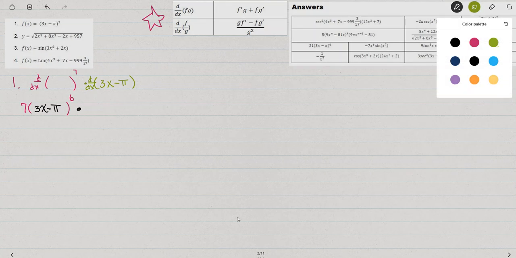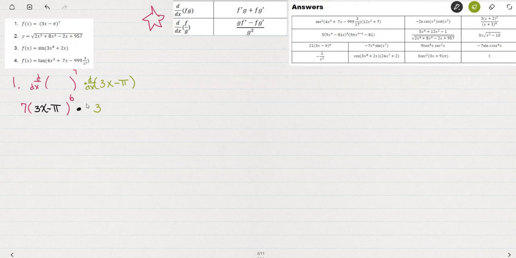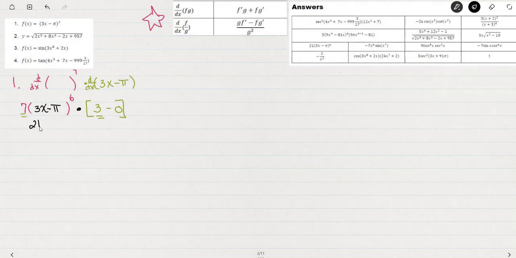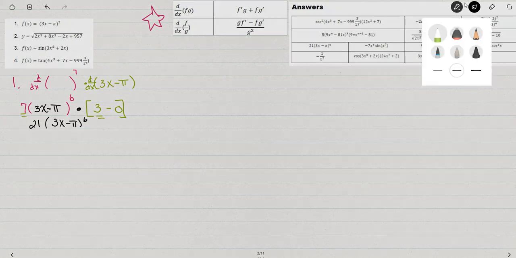The derivative of 3x is 3, and the derivative of pi is 0, so it's really just 3, right? We could now simplify this by multiplying the 3 and the 7 to get 21. So we'd have 21 times the quantity of 3x minus pi to the 6th power.